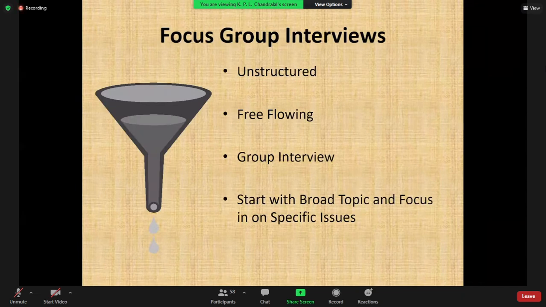The moderator starts the discussion with a broad topic. There's a purpose behind it. Sometimes you are going to talk about reality programs, how university students understand reality programs. That is what you are doing with the discussion. But you do not jump directly into this topic.